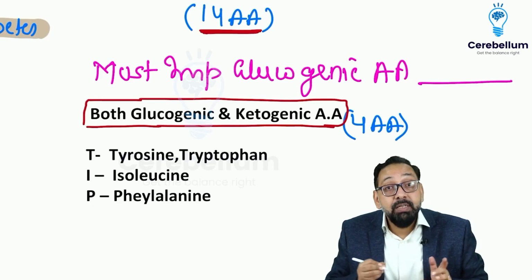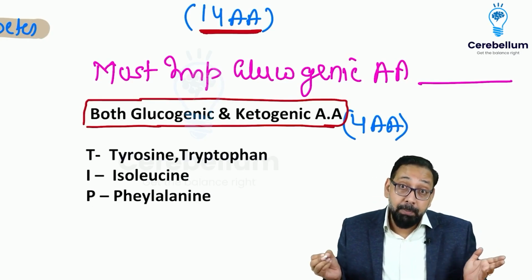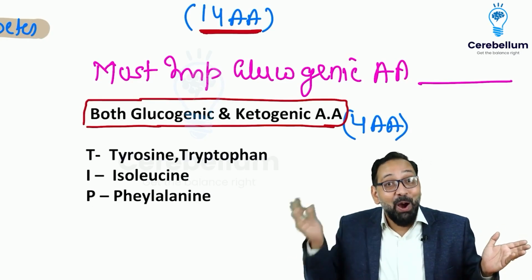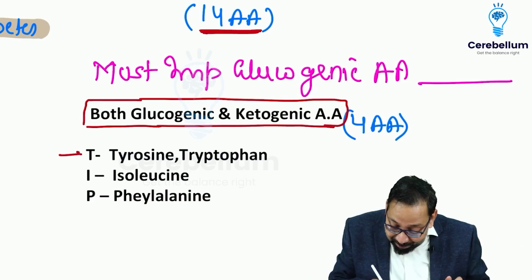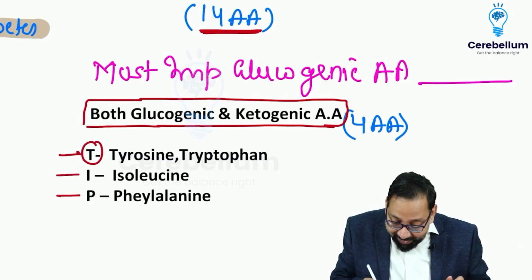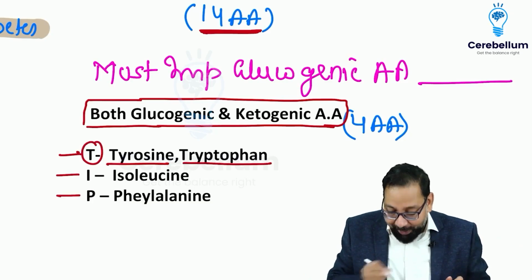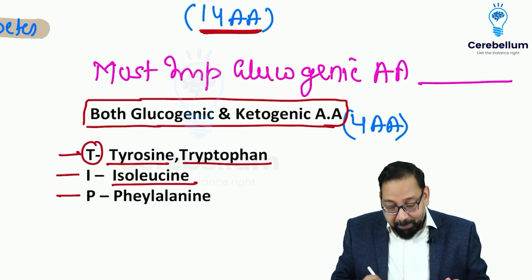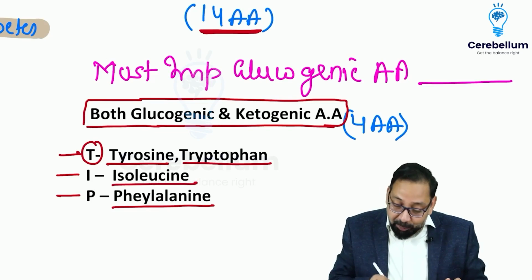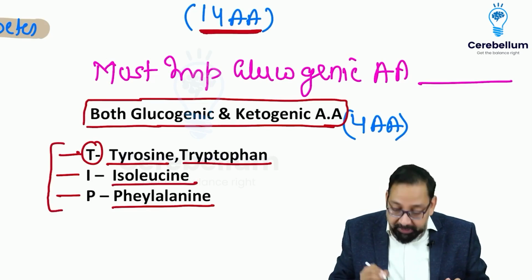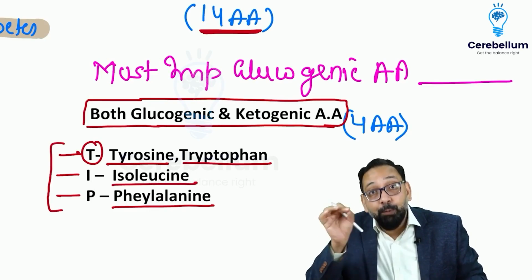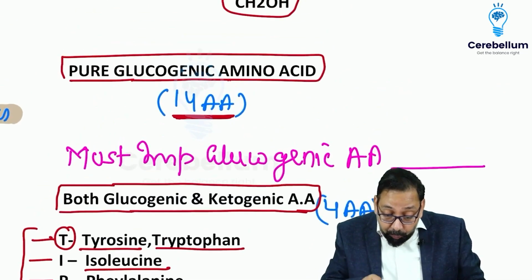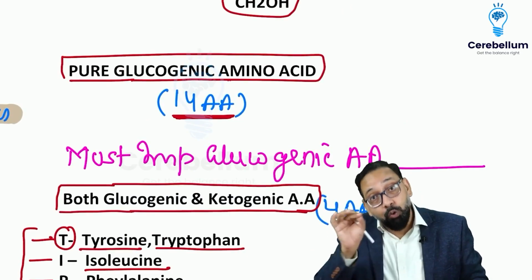The mnemonic is TIP, TIP, TIP. Those are TIP: T for tyrosine, T for tryptophan, I for isoleucine, P for phenylalanine. So these are 4 amino acids which can give rise to both glucose and ketone bodies. The remaining 14 are only glucogenic.